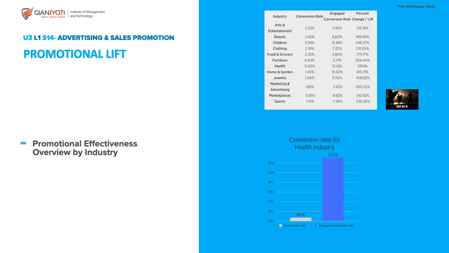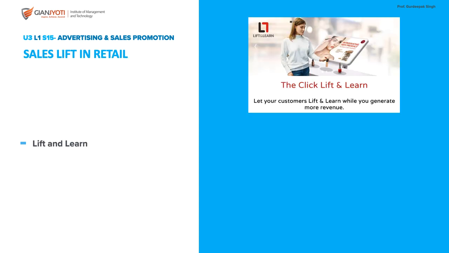So these are some of the things which are not benchmarks, but from the historical data they were able to get that percentage. Now a new thing is happening which we call retail lift. So when you are talking about promotional lift in the retail sector, you call it retail lift. Something new has come up in the retail sector, which is lift and learn. What they are doing is providing the products, and no human intervention is required.